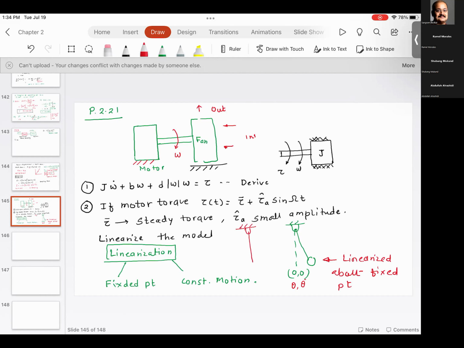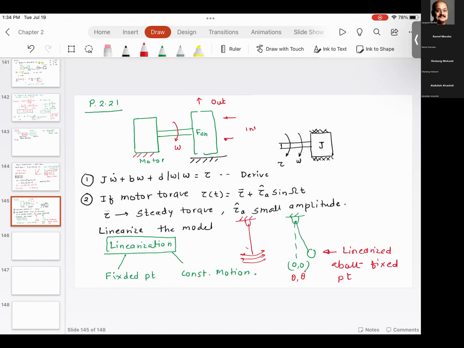Now the second case is the same pendulum, and imagine this pendulum is swinging. It's going back and forth, back and forth. And what I want to do is linearize this pendulum about this swinging motion. So for an example, if I were to plot this swing, this motion is going to look like this. And what I want to find out is, if I perturb this pendulum while it is swinging, if I hit it, what would happen to the motion of the pendulum?